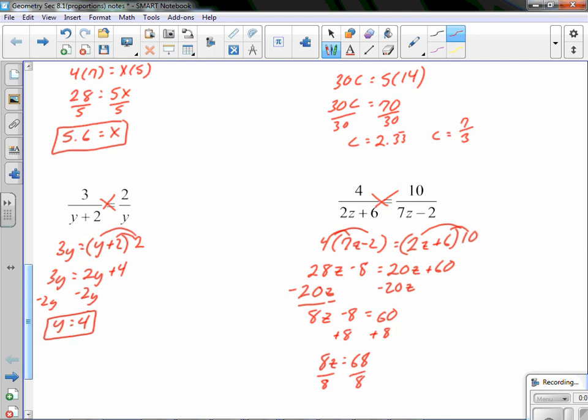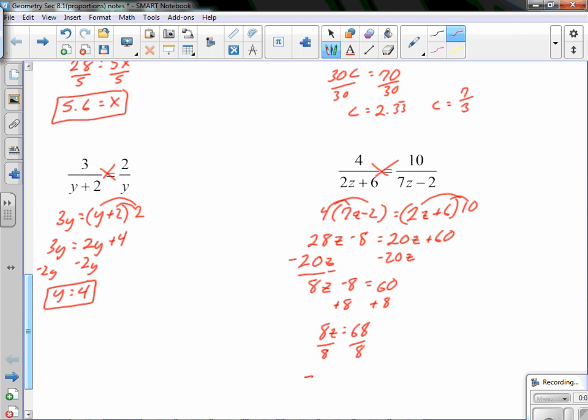Divide by the 8. And so our z is going to be 8.5.